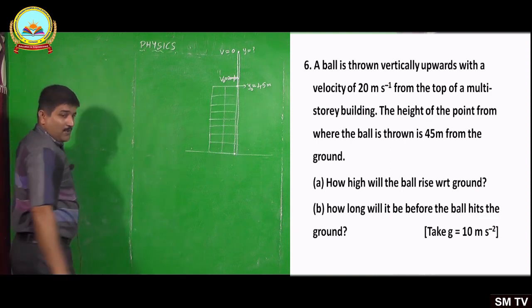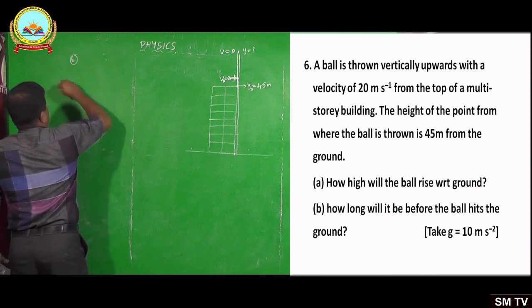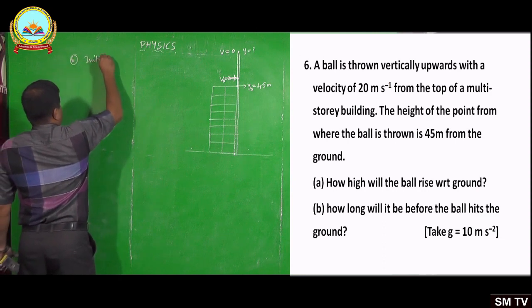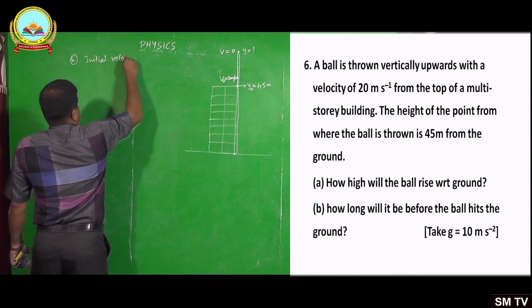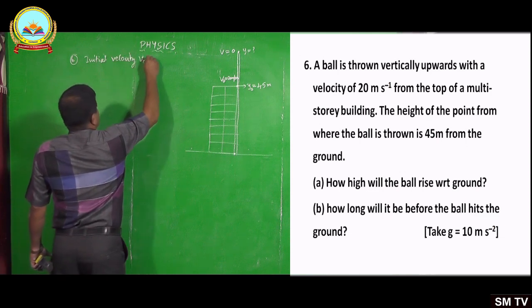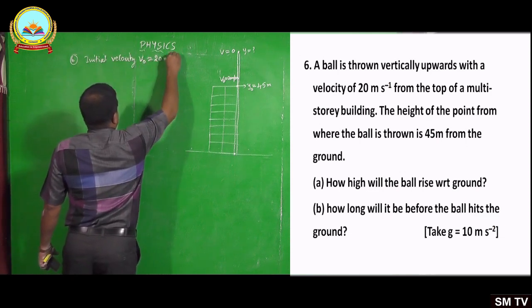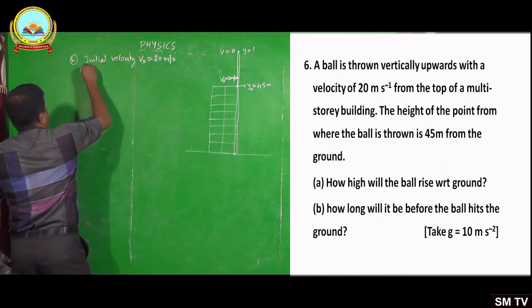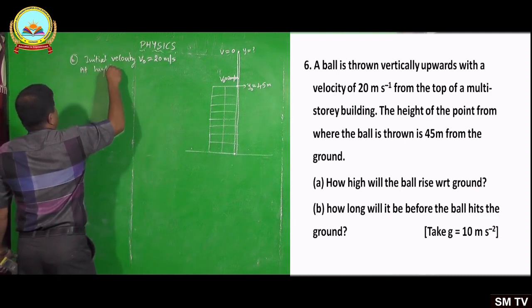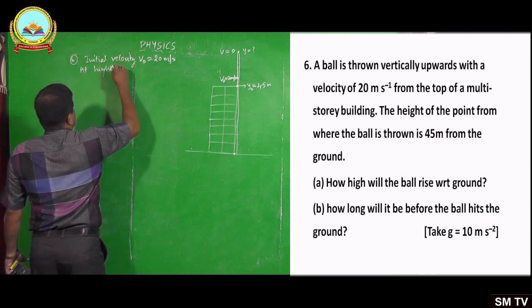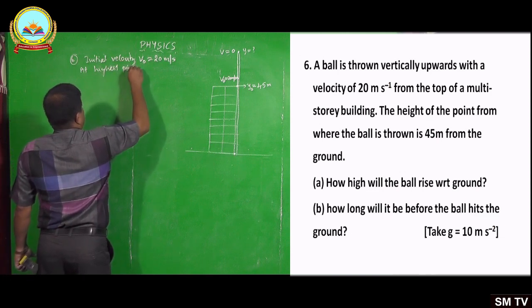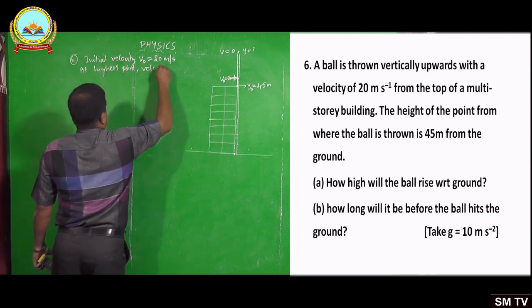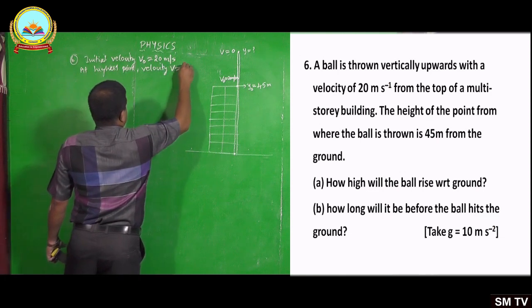So in problem number 6, given data: initial velocity v0 equals 20 meter per second, and at the highest point the final velocity, I say v equals 0.